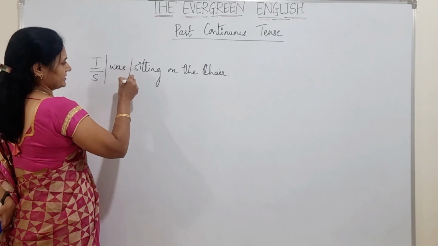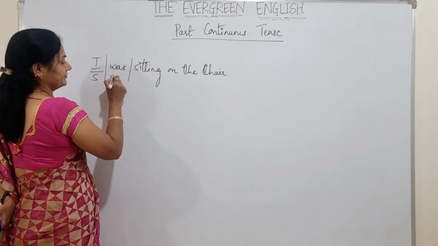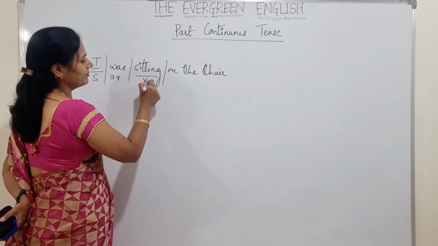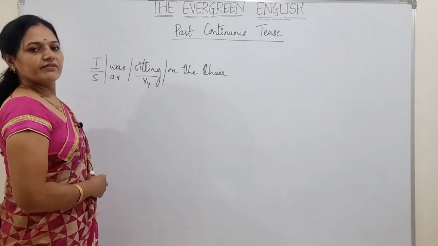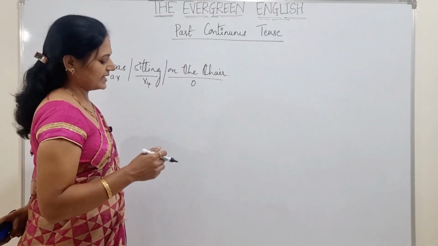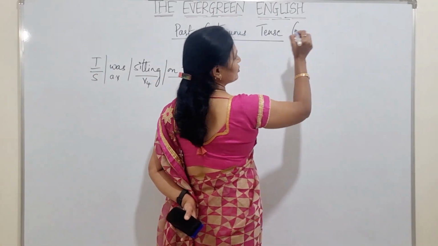This is the subject. Helping verb, this is the auxiliary verb. Sitting: what form of the verb? Continuous form, it is the V4 form of the verb. And this is the object. Let's have the rule there. What's the rule?